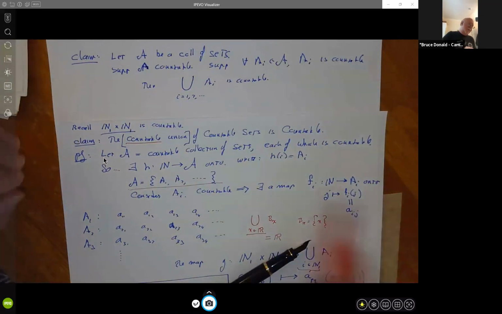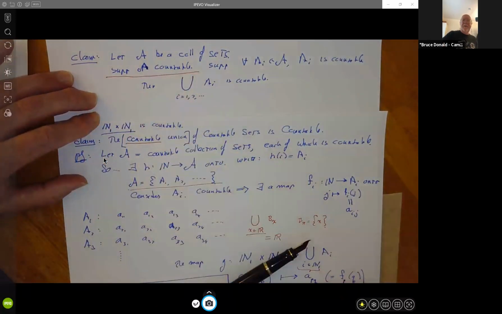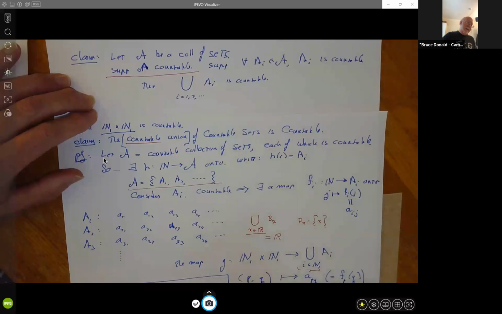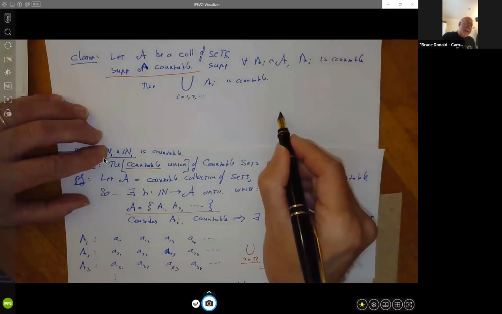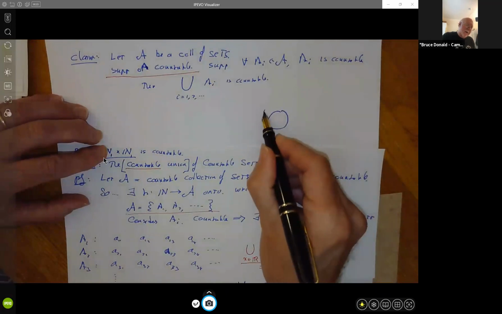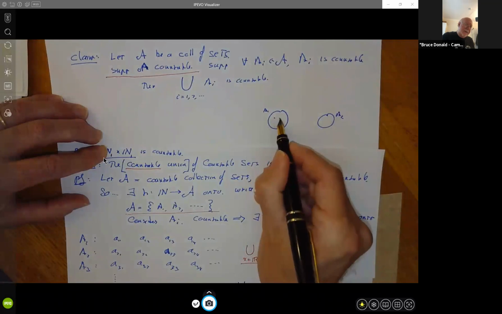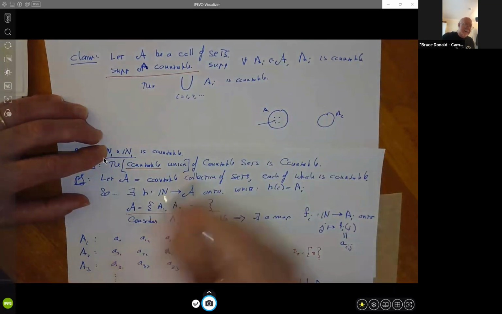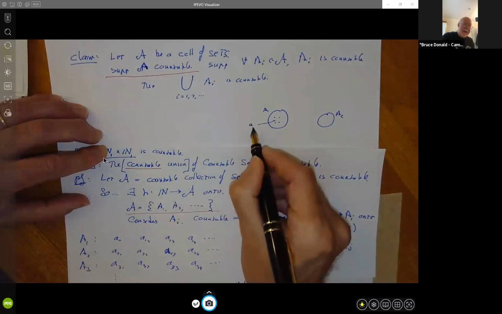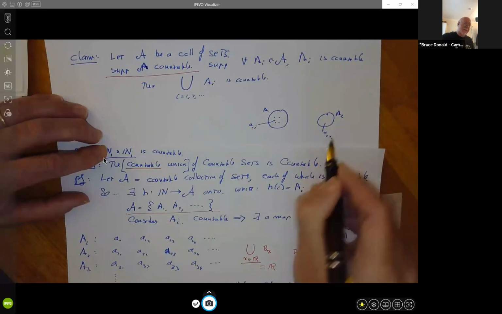So we have a crucial assumption here. We have a crucial part of the antecedent. Another way to think about this graphically is that we're used to sets like A1 and A2, and these have little elements in them, like this would be A1i, and this would be A2j and so forth.